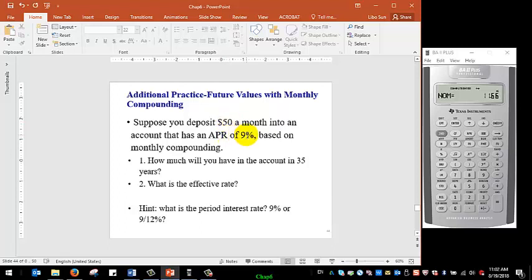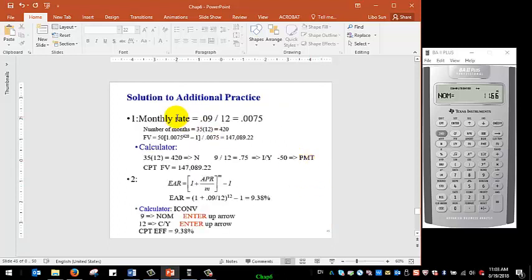APR 9%, have to divide by 12 to get the monthly rate. Okay, 35 years, have to multiply by 12 to get the number of months. Right? So in this case, the monthly rate is 0.75, number of months 420, and then we compute for the future value with payment 50. For the effective annual rate, we convert 9% APR to EAR.